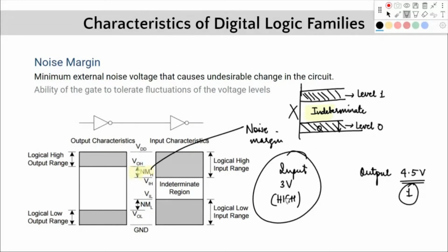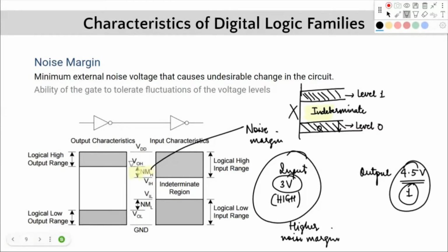So in the input side, it is allowing a higher noise margin, you can say. It is allowing a higher noise margin to accommodate for the noise. The same gate on the output considers 4.5 only as high, but the same gate on input can consider 3 volt to be high. Okay, that means 1.5 volt, right?